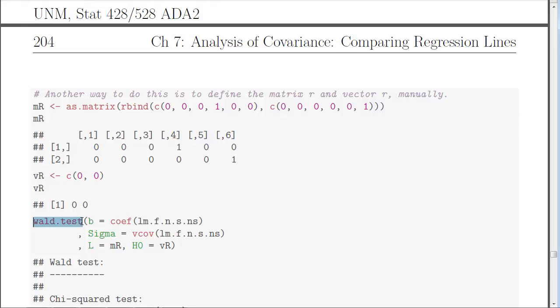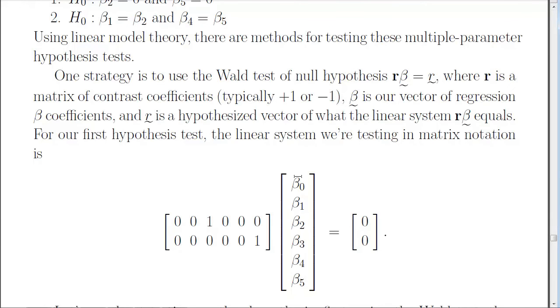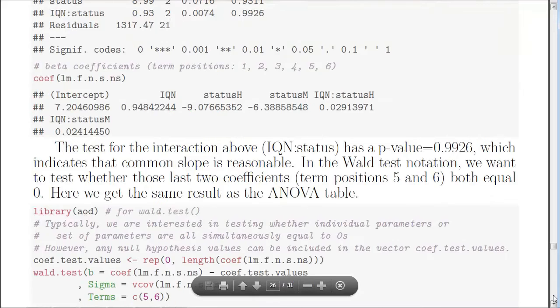And then here's our Wald test. So we set B as our coefficients. That is, if I page up for a moment, that's this vector here. That's our beta vector. And then we need to tell it about the left matrix and the right vector. Page down.